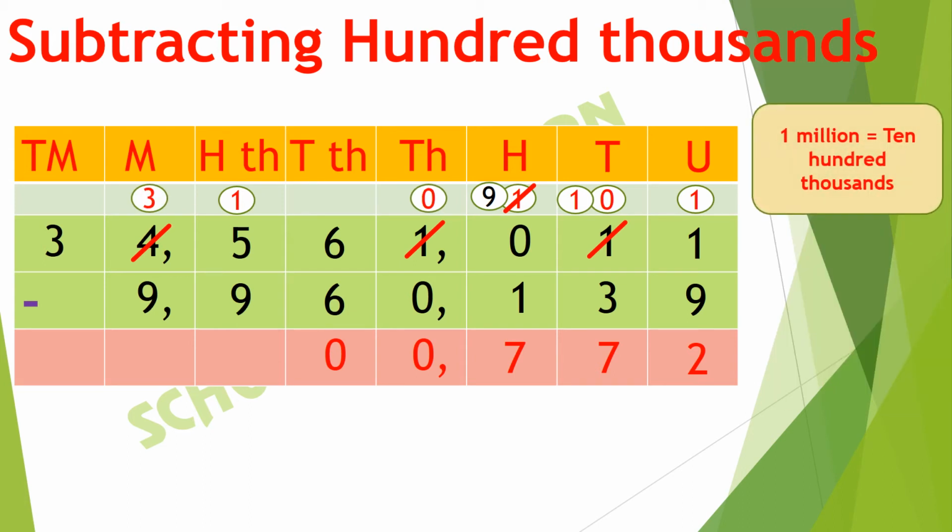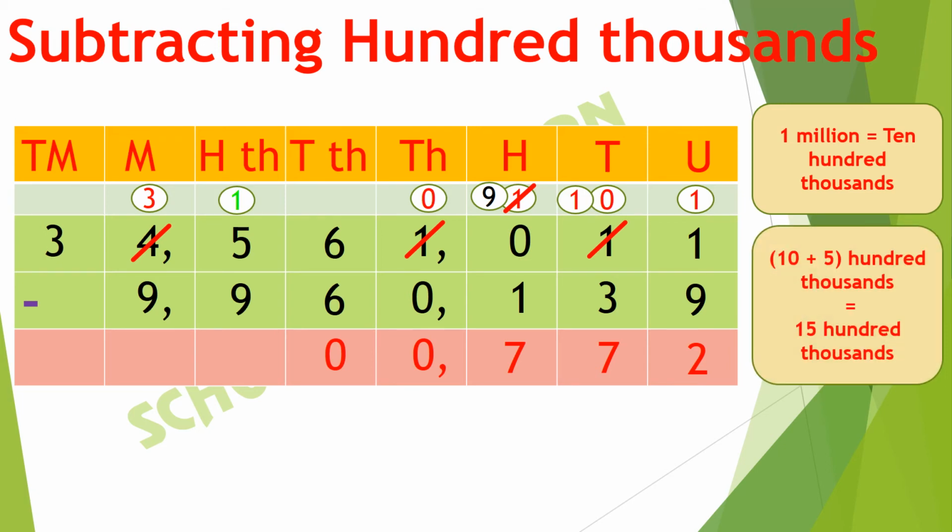Now we can see that 1 million is equal to 10 hundred-thousands. And there are 500,000 that we already have in this column. If we add 10 and 5, we get 15 hundred-thousands, that is 1,500,000. Now we can easily subtract 900,000 from 1,500,000.